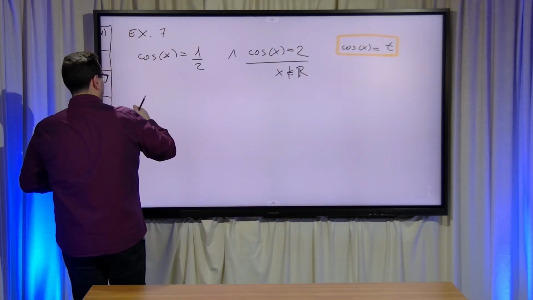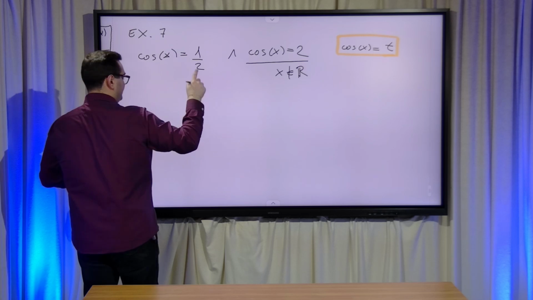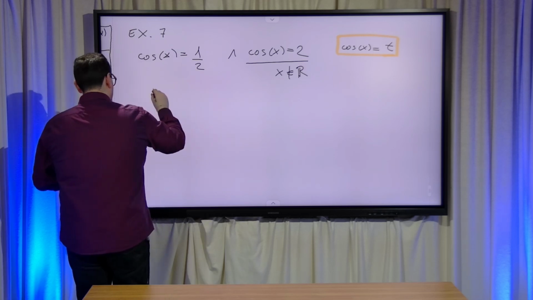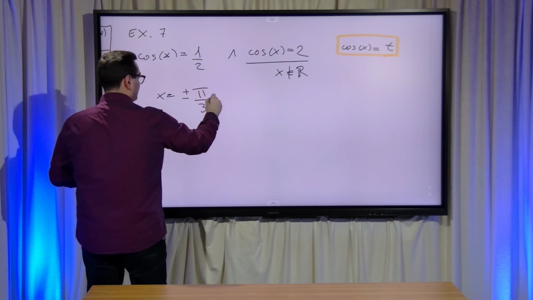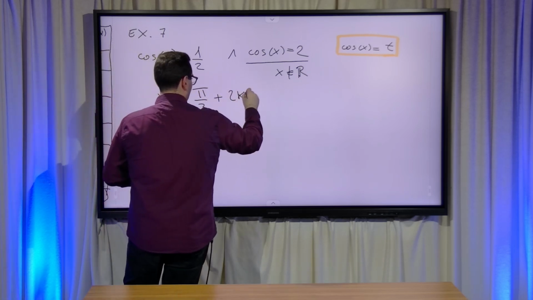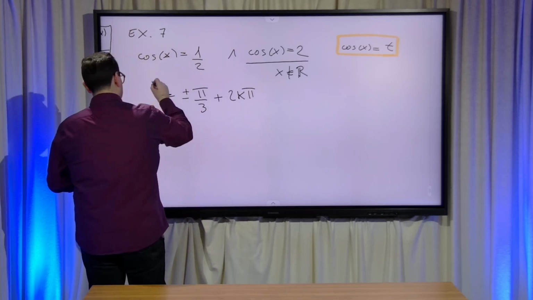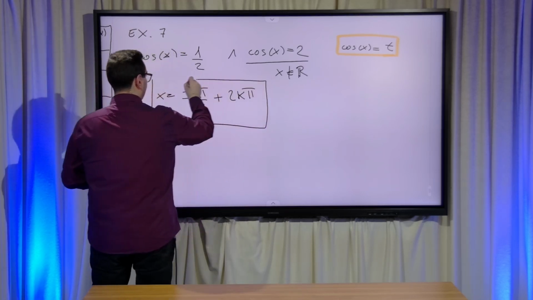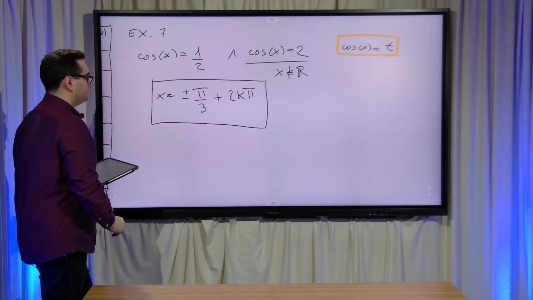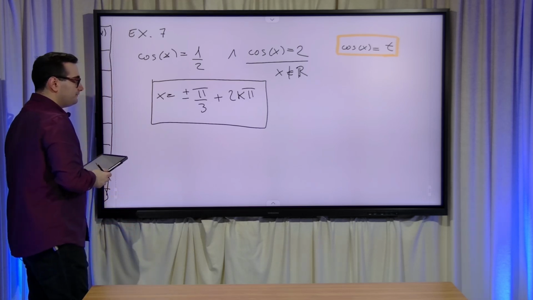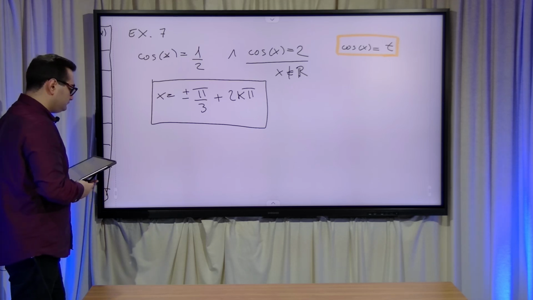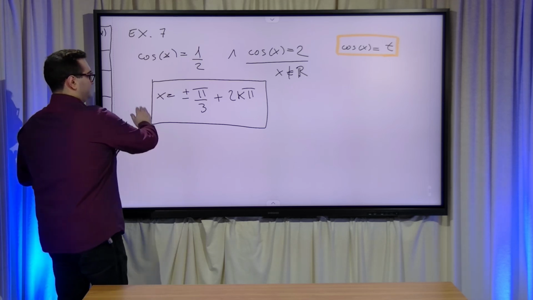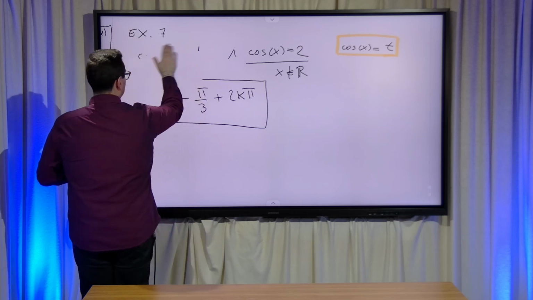Considering its multiplicity and the other point in the unit circle, we can say that x is equal to plus minus pi over 3 plus 2k pi. And this is the solution of the equation. Okay, let's go on.